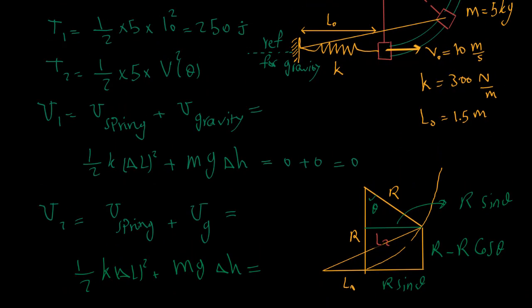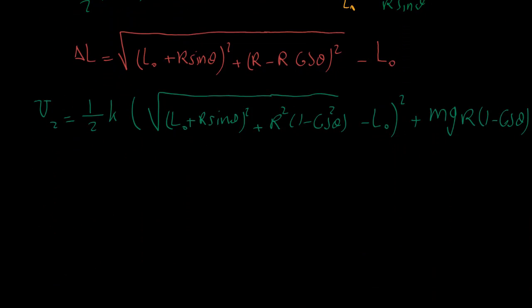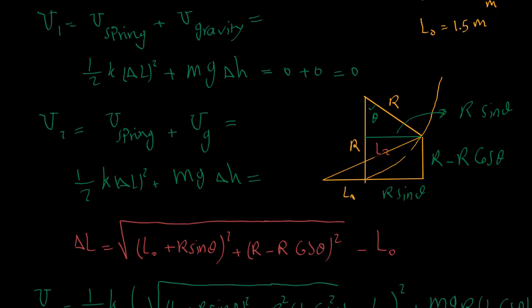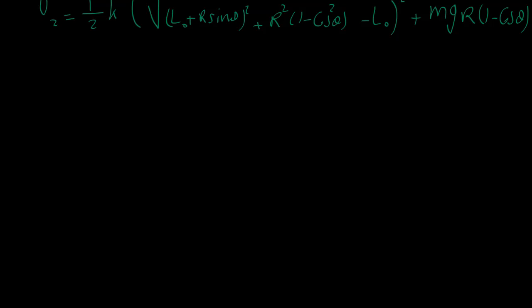So now we can use the work and energy principle, because now we have U1, U2, T1, T2. I can say that the W of non-conservative forces is equal to U2 plus T2 minus U1 plus T1.